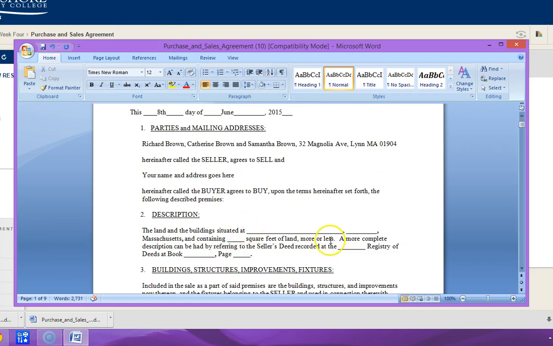And now you move on to the description, and there you type in the address of the property, right?